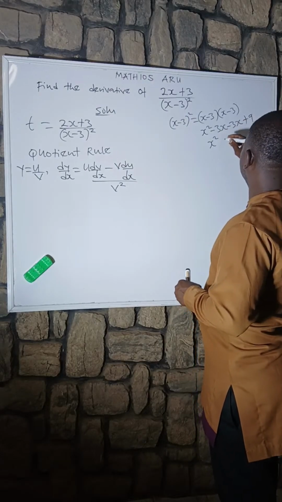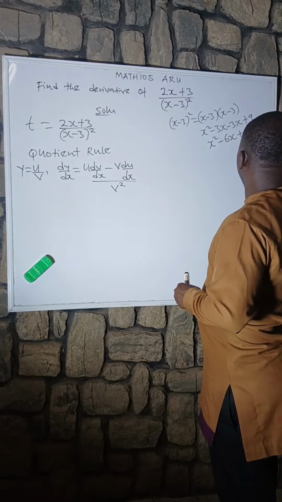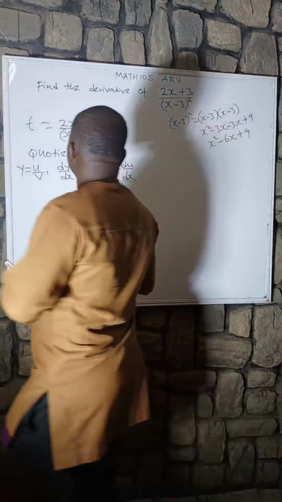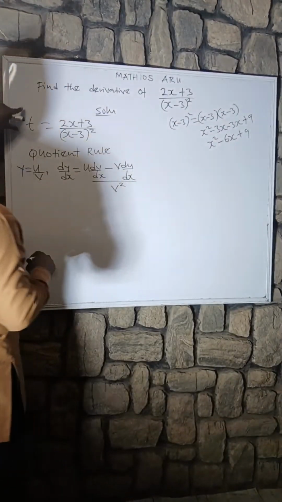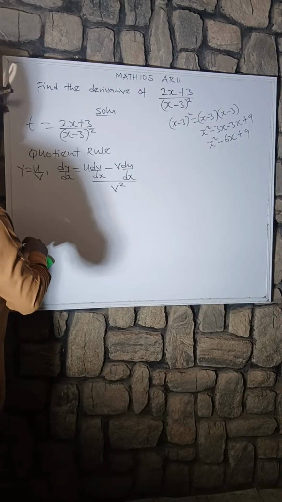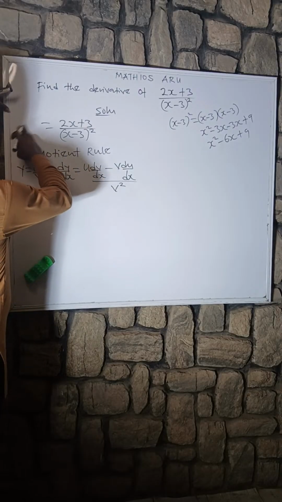Minus 6x plus 9. So the denominator will now be... let us use y.